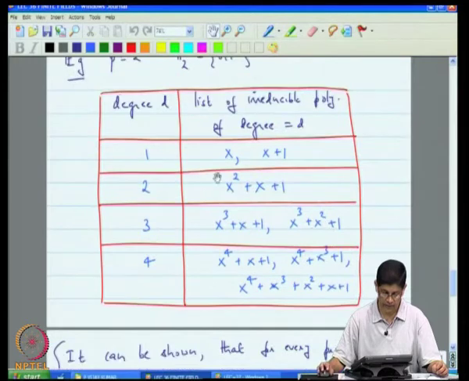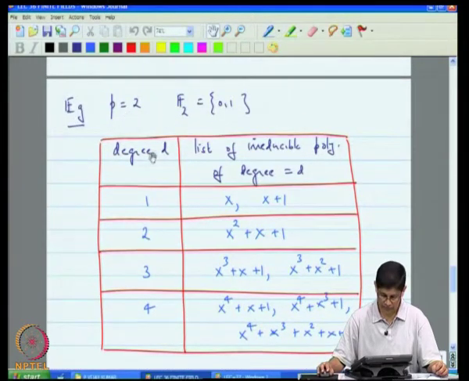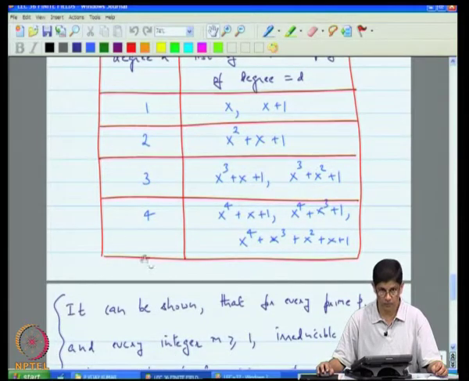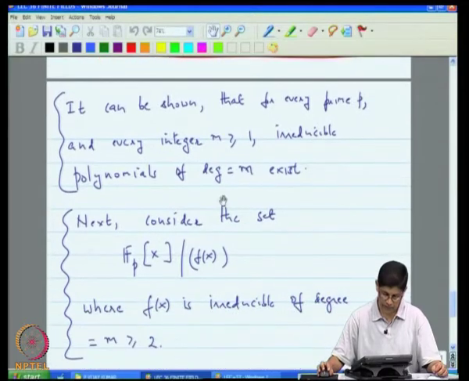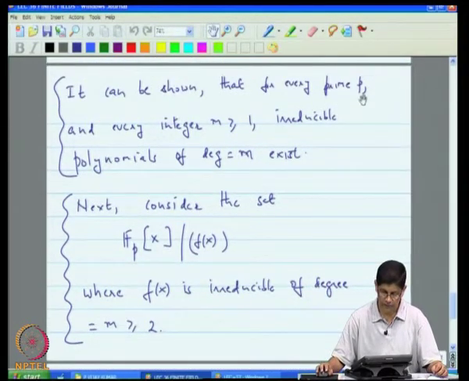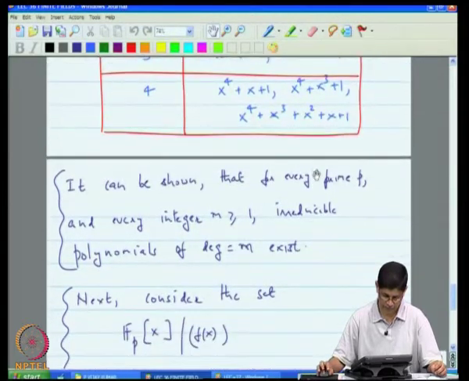For example, when p is 2, this is a list of the irreducible polynomials of small degrees, degree 1, 2, 3 and 4. It can be shown that for every prime p and every integer m greater than or equal to 1, irreducible polynomials of degree equal to m exist. So we know that such polynomials exist.